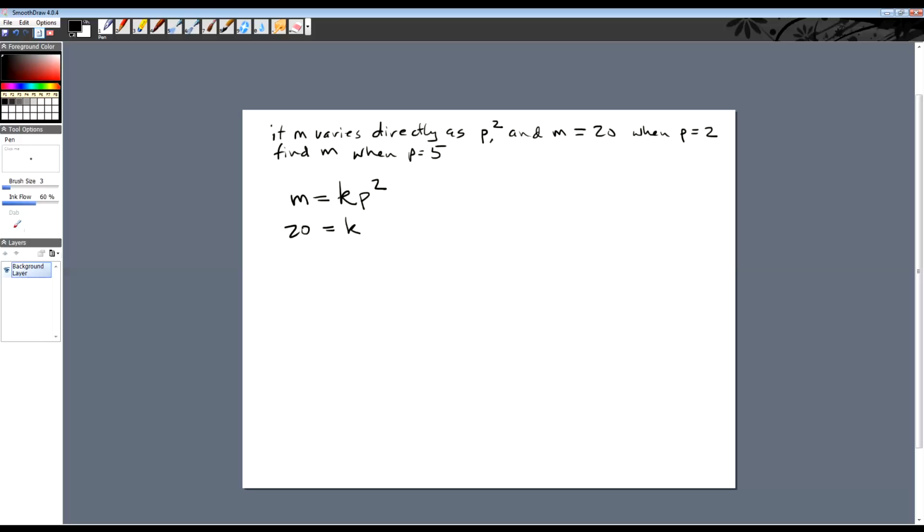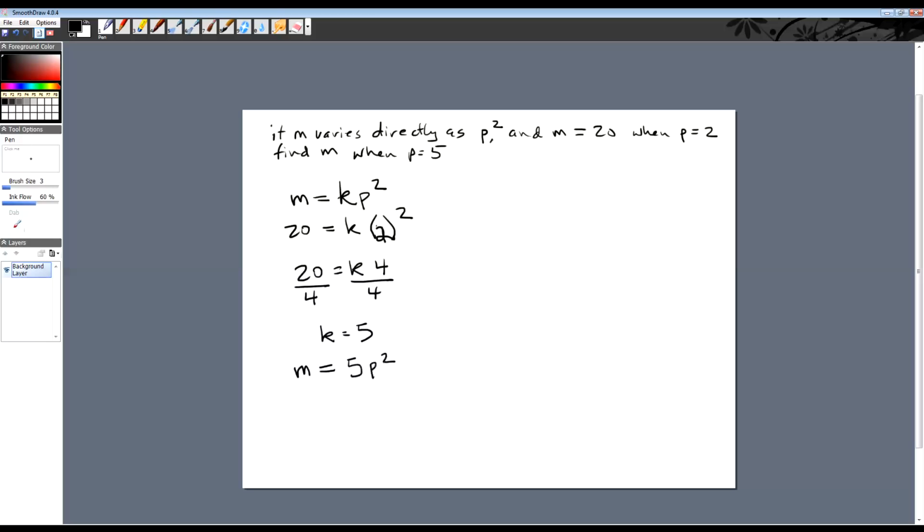There's still a constant k in there. P equals 2, 2 squared. So 20 equals k times 4. Solve for k here. K equals 5. Then to find m when p equals 5. So then our direct variation equation here is m equals 5 times p squared.